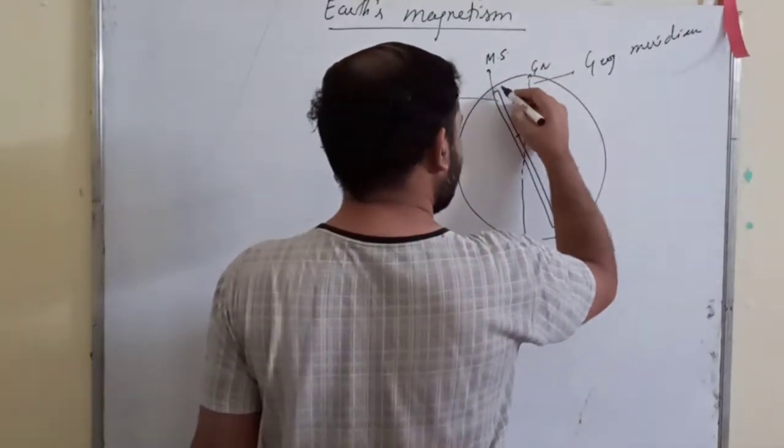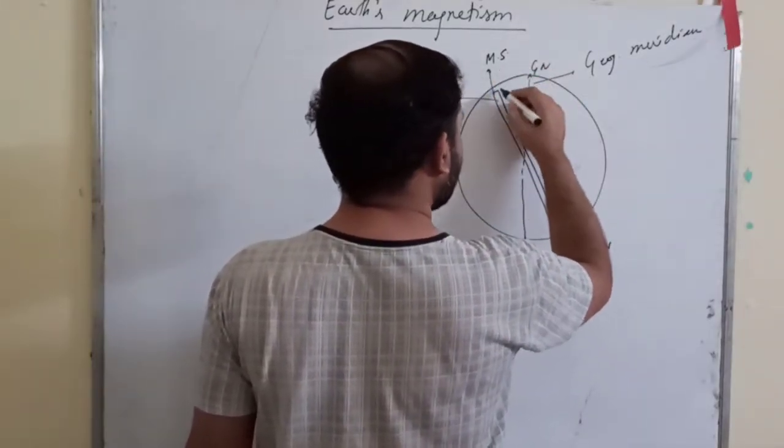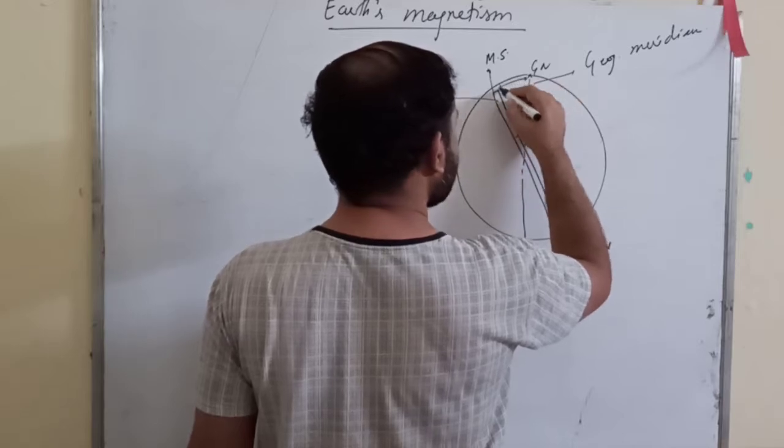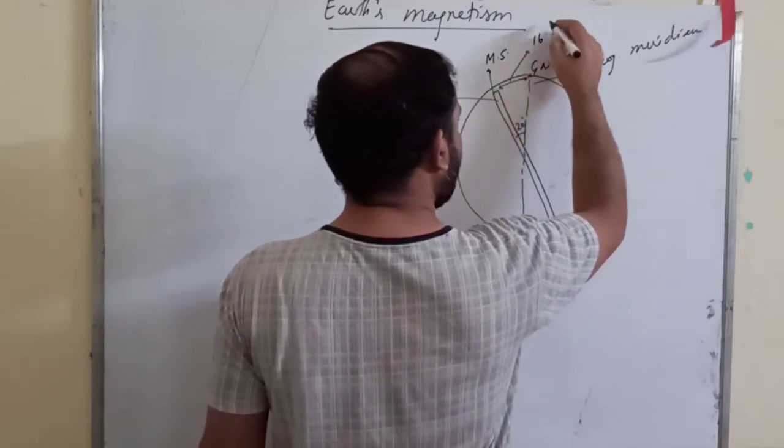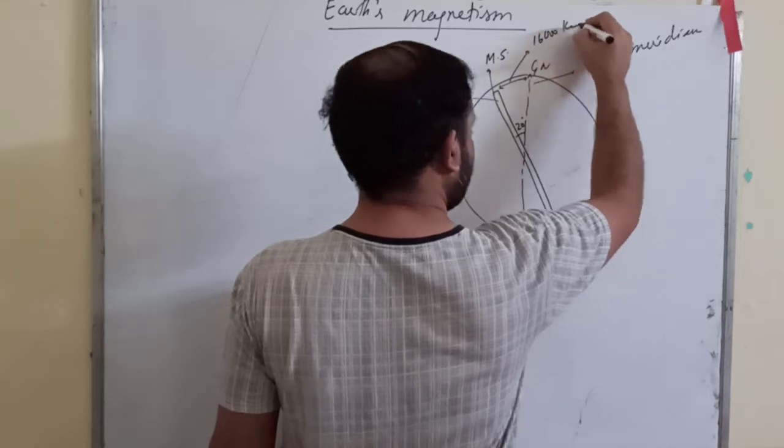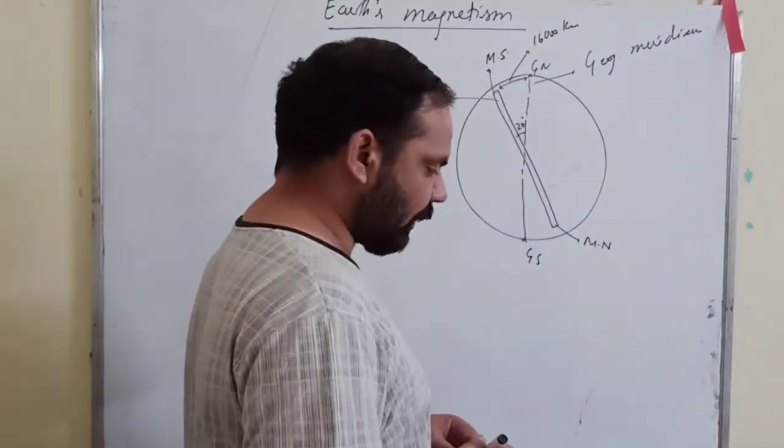And the distance of magnetic south from geographical north is approximately 1600 kilometers.